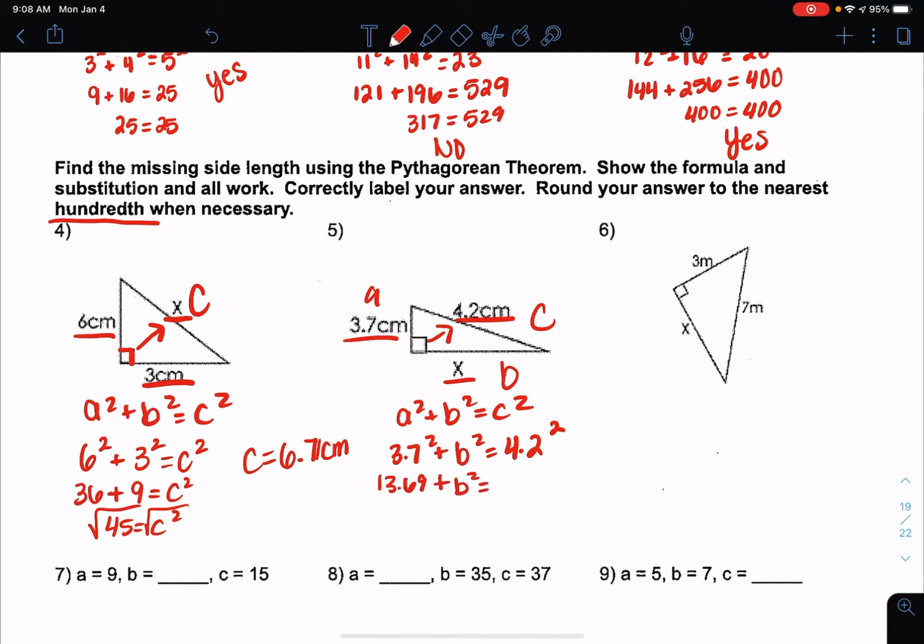We don't have a measurement for that, so we can't simplify. And then 4.2 squared is going to equal 17.64. Now solving for b, I have to get b by itself, so I'm going to subtract 13.69 on both sides.